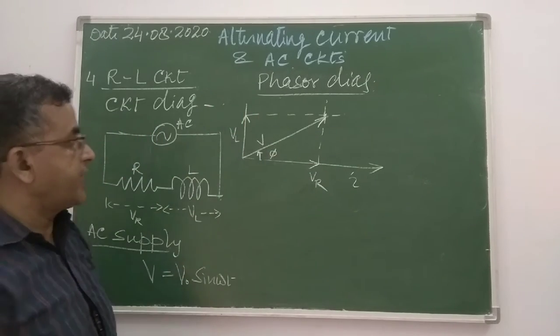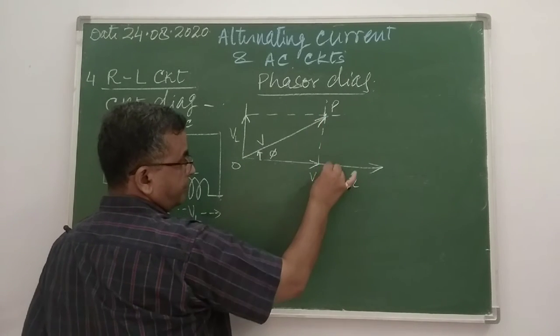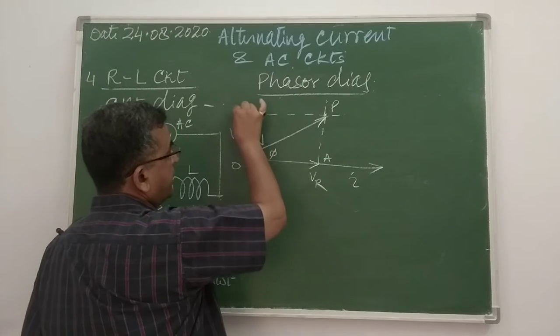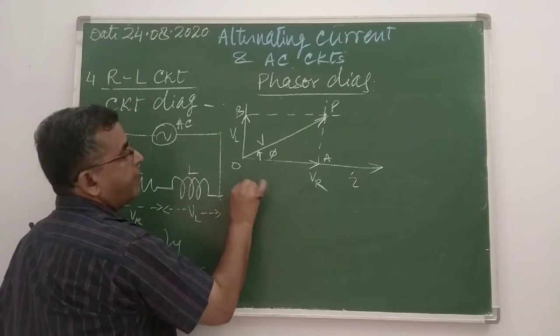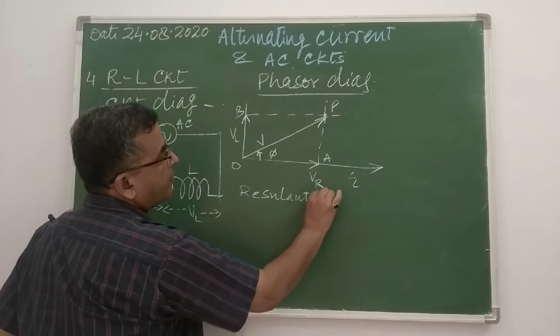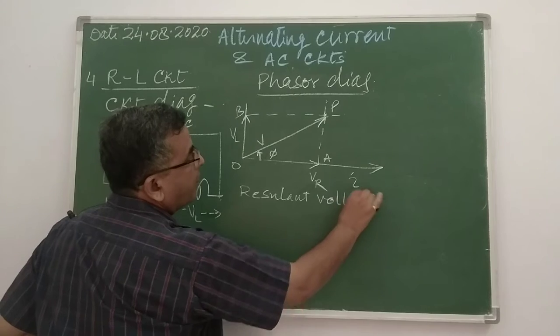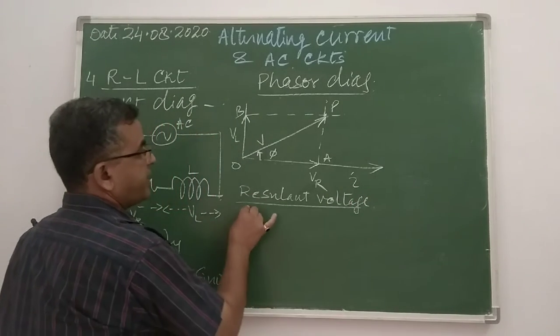So this is the phasor diagram. This is O, this is point P, say this is point A, this is point B. Resultant voltage of this circuit.